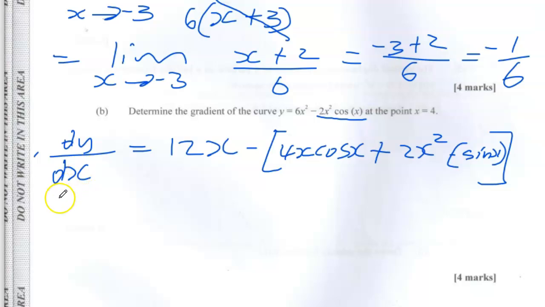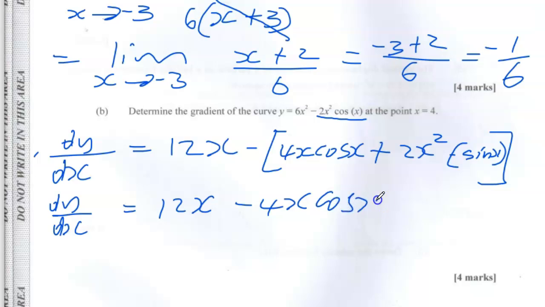Alright, so therefore dy by dx would be equal to 12x, distribute a negative, so I get negative 4x cos x, and then distribute a negative here, it's like we're multiplying by negative 1, so negative times negative, I end up with now positive 2x squared sin x.